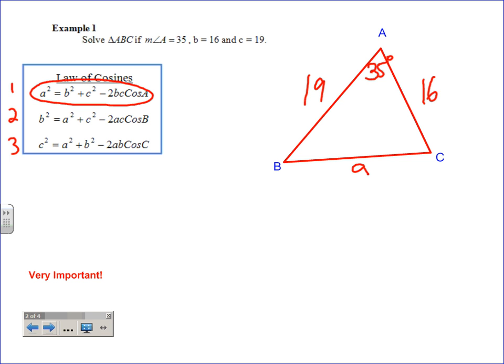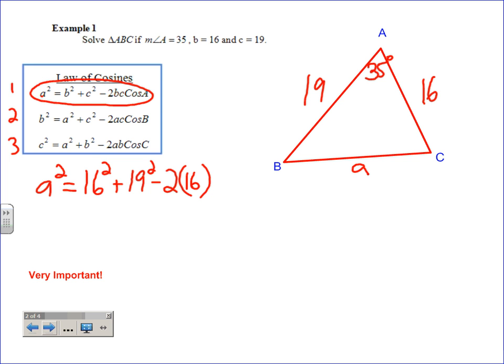So let's fill it in as best we can. Do we know what a is? No, that's the problem, that we don't know what a is. Do we know what little b is? Yeah, little b is, well, 16. Plus little c is 19. Minus 2 times b, which is what again? It's 16. You notice on the inside, are we worrying about a at all? Obviously not, because we don't know it.